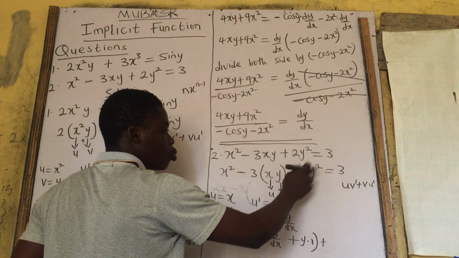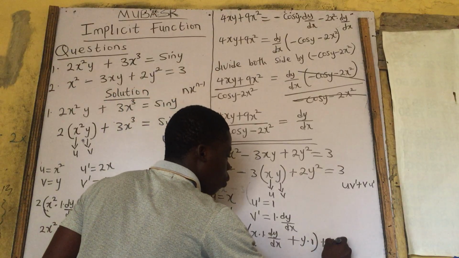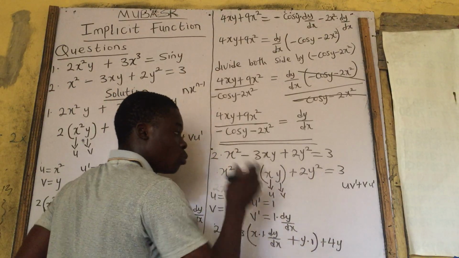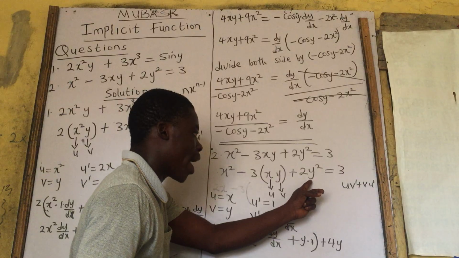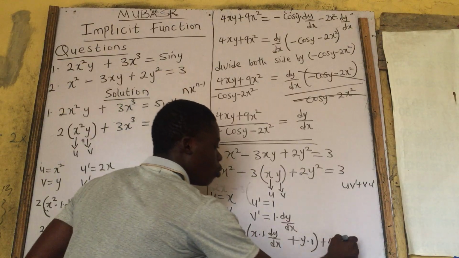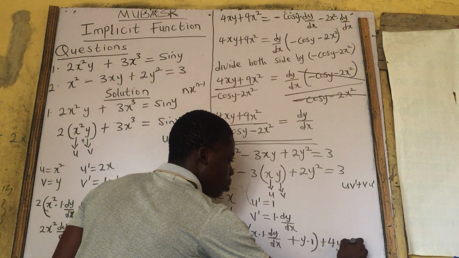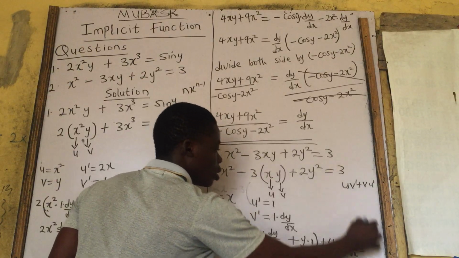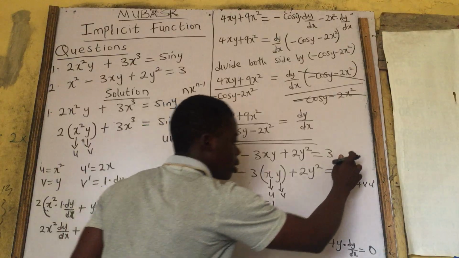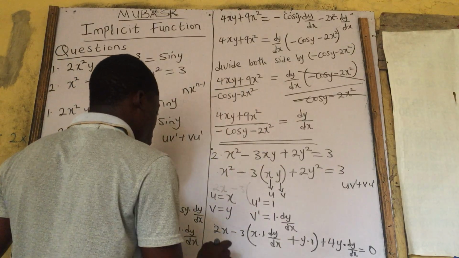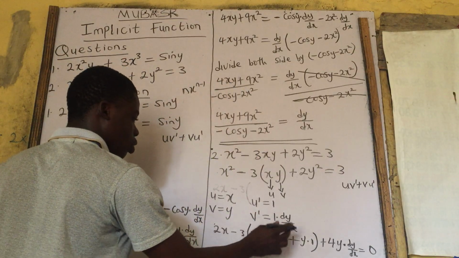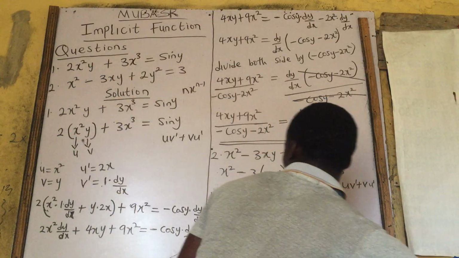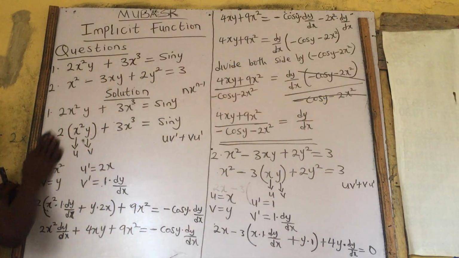By differentiating 2y squared, it gives us 4y. I have told you, if you want to differentiate a variable of y, you add dy over dx to it. So this way you have dy over dx. The derivative of the constant is 0. Now use this 3 to open the bracket.